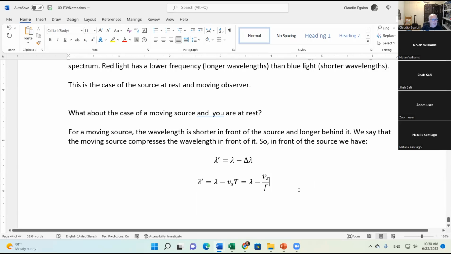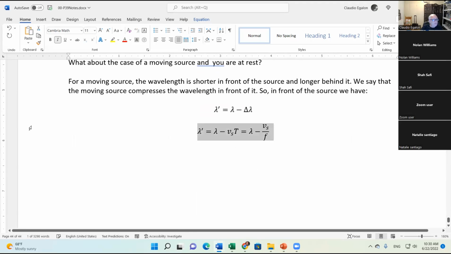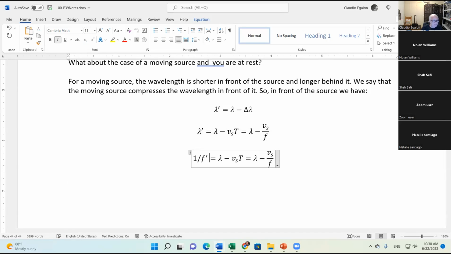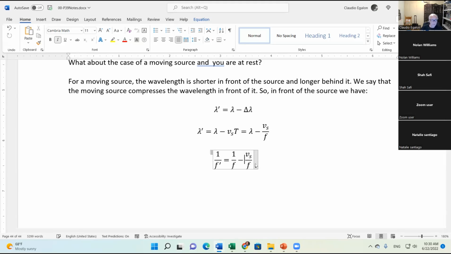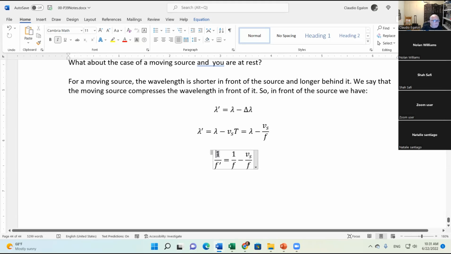Let's rewrite that in terms of the frequency. Now, what we have here is 1 divided by the new frequency, right? 1 divided by the old frequency. Wait a minute, it should be a V here. Yeah, lambda F is V, right?